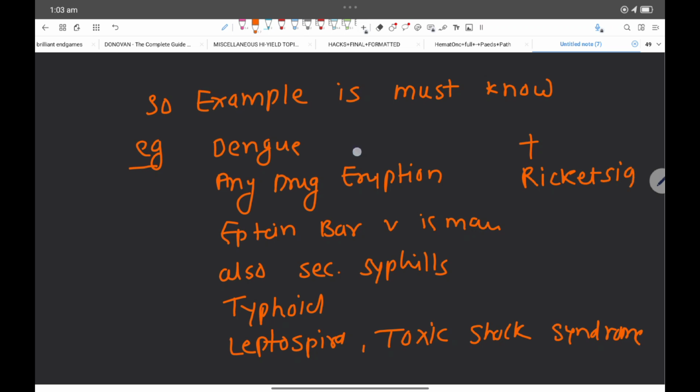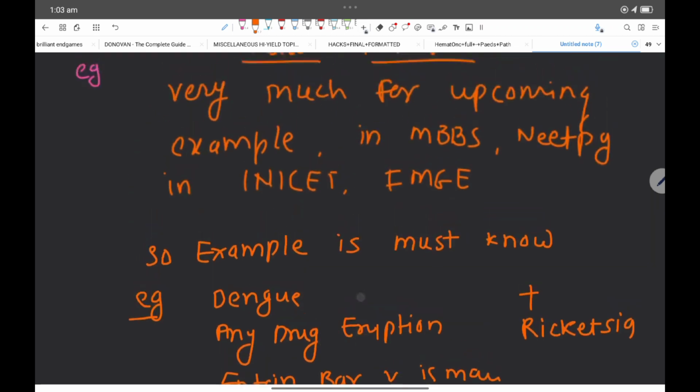These are the main examples for maculopapular rash.